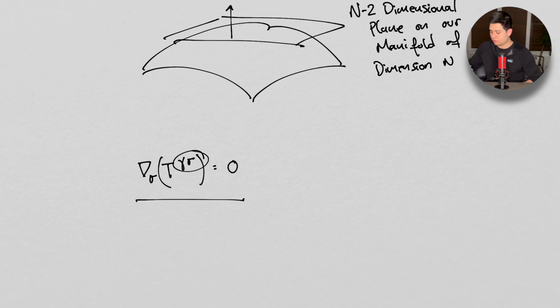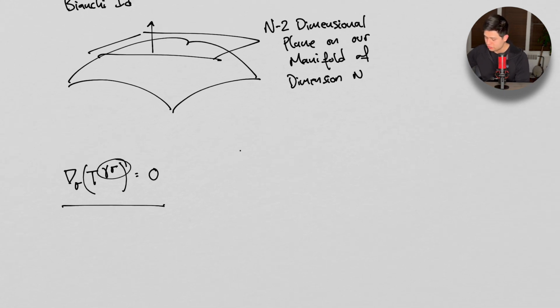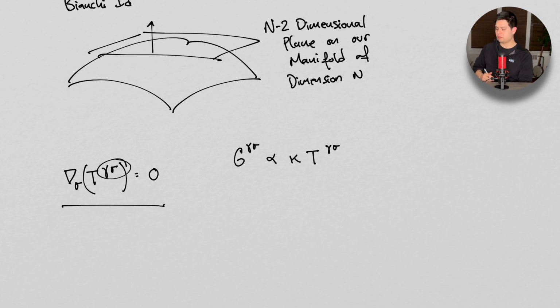So we've sort of gotten to a point now where we can say that G, I'll keep my indices, gamma sigma is equal to, or proportional, I'll say proportional to T gamma sigma. And what we want to do here is put a constant to make them equal, because we know that they're not directly equal.